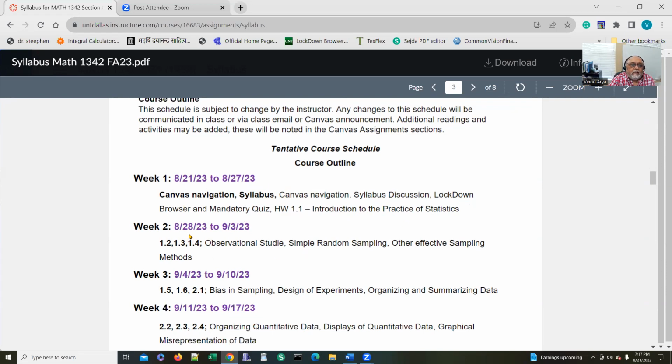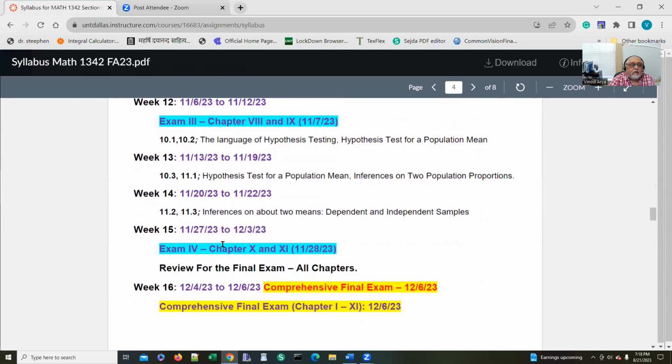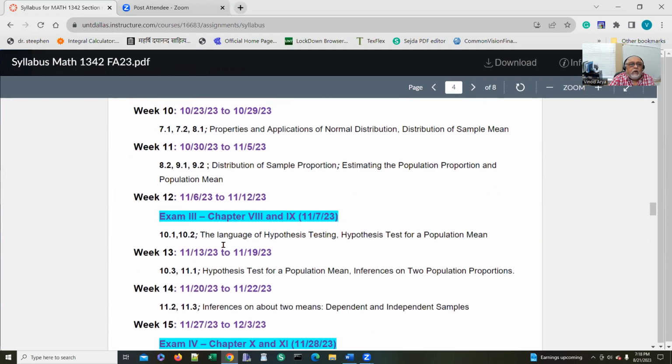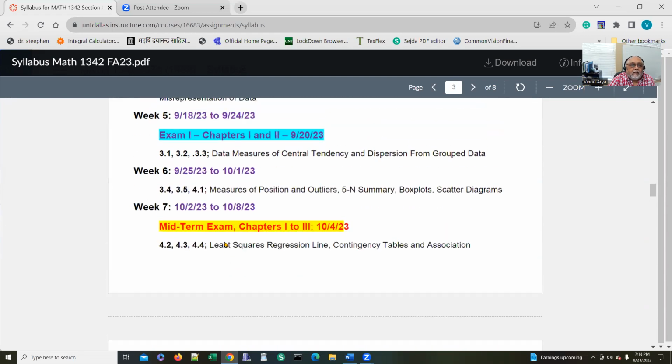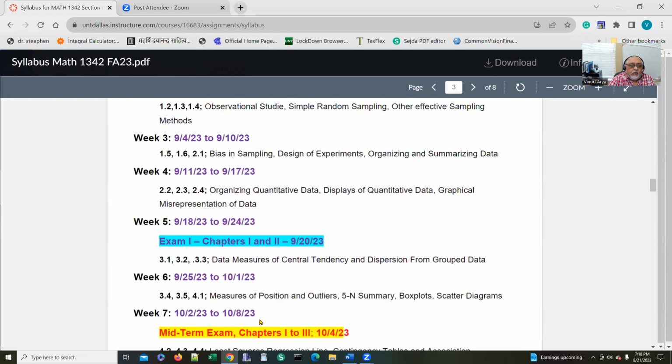Then for the next week, again, the assignments from different sections, and the entire semester is already outlined, what we are going to do. Now, things that are highlighted in yellow or blue indicate the quizzes or exams.